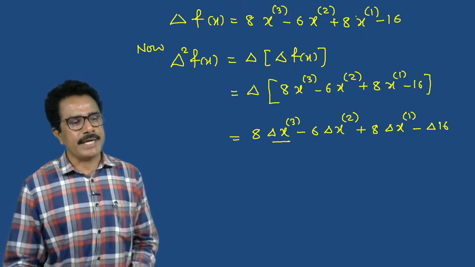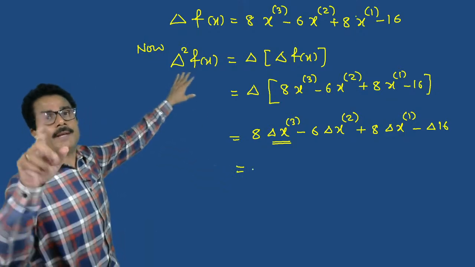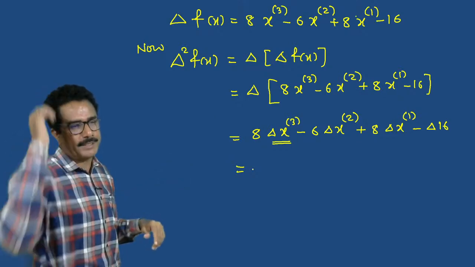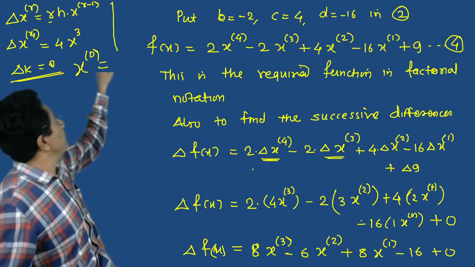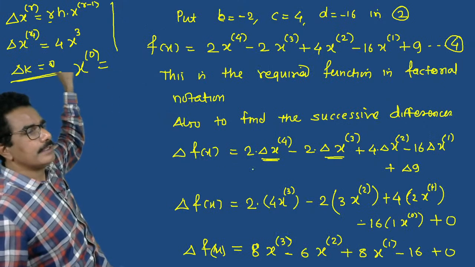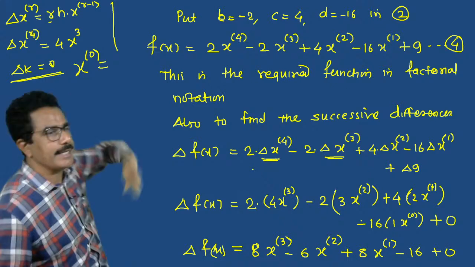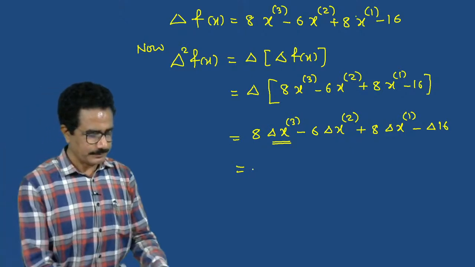Tell me its value. What is the first factor? Tell one by one, everyone has to answer. Now tell me what is the value of the first factor, delta x raised to 3 factorial. We have to use that same formula. Delta x raised to r factorial means r into h into x raised to r minus 1. So we have to use that formula. Go ahead, use the formula.